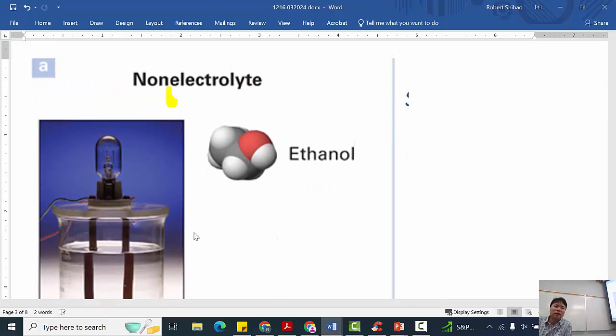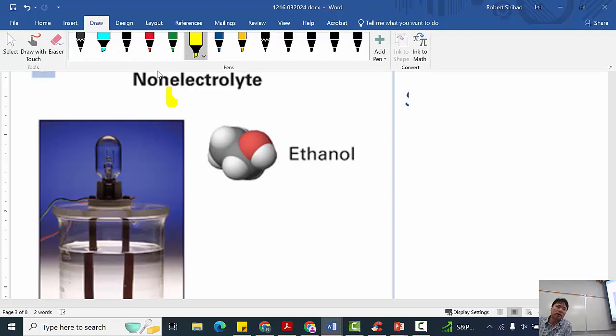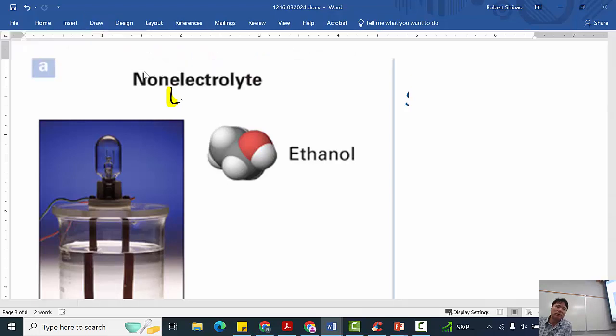Non-electrolytes are everything else. If it's not a strong electrolyte and it's not a weak electrolyte, then it must be a non-electrolyte. So if I have ethanol, is ethanol a strong acid? No, it's not one of the seven. Is it a strong base? No. Is it a soluble salt?